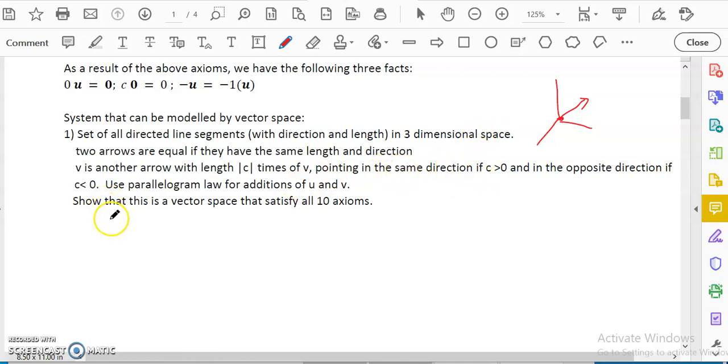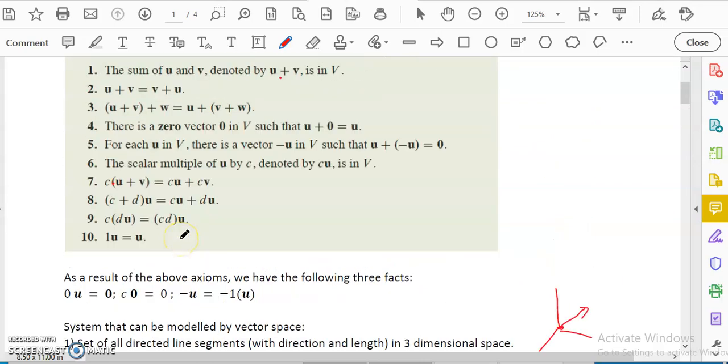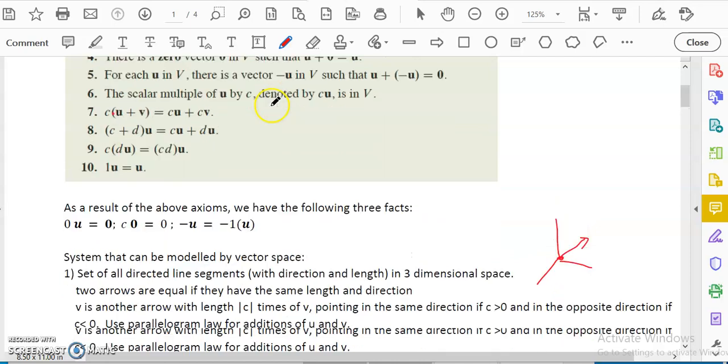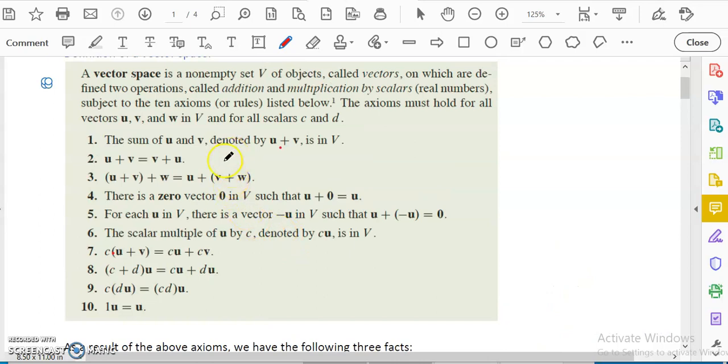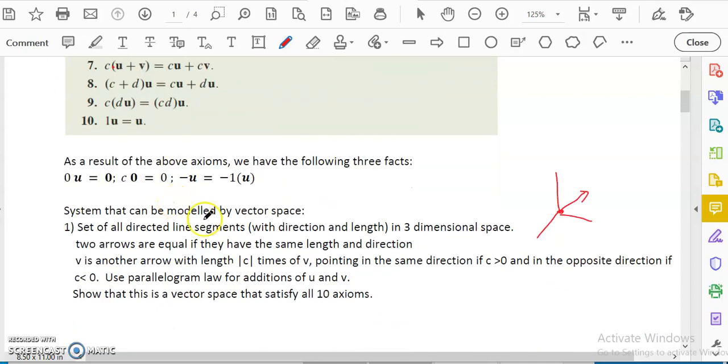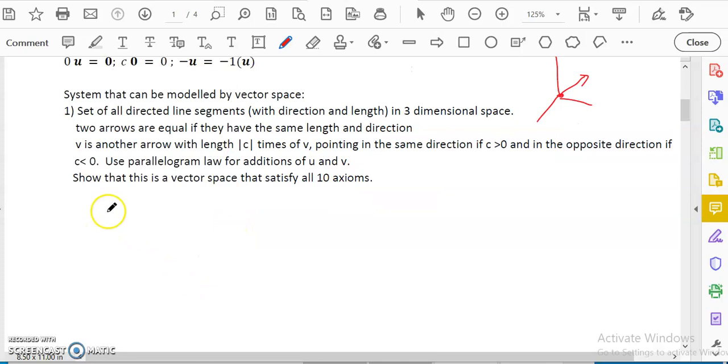So we want to show that this is a vector space that satisfies all 10 axioms. The first two: we do have the sum, right? So u plus v is defined by the parallelogram law and also the algebraic definition. The algebraic definition of u plus v is equal to u1 plus v1, u2 plus v2, u3 plus v3.